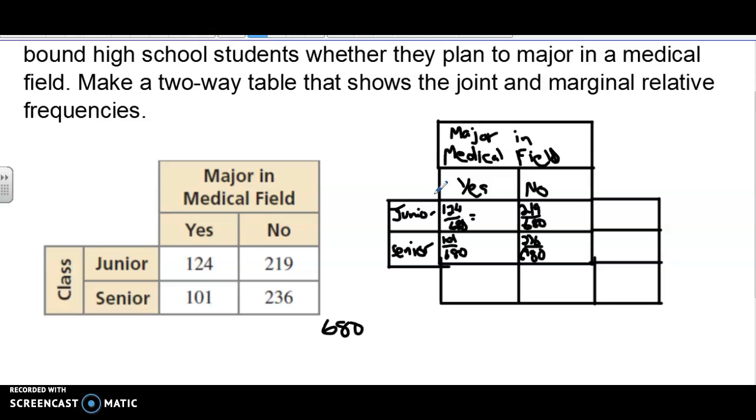So this one here would be about 18%. 219 divided by 680 gives me about 32%. 101 divided by 680 is about 15%. And 236 divided by 680 is 35%.